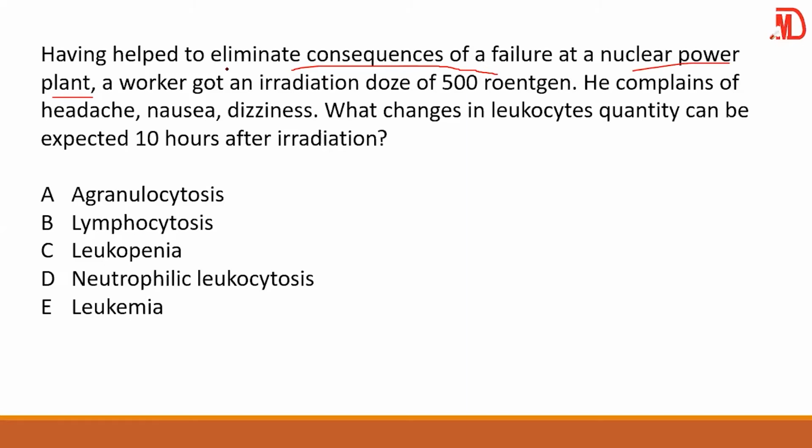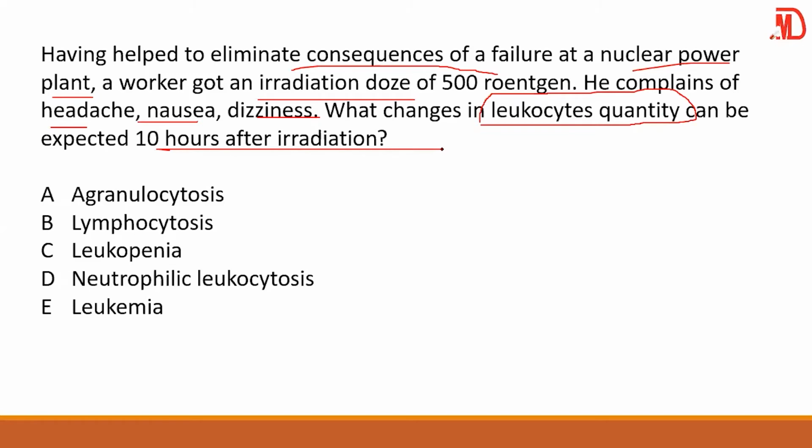Now they said after a failure to eliminate the consequences of a nuclear power plant, a worker got an irradiation dose of 500 units. He complains of headache, nausea, dizziness. What changes in the leukocyte quantity can be expected 10 hours after the irradiation?